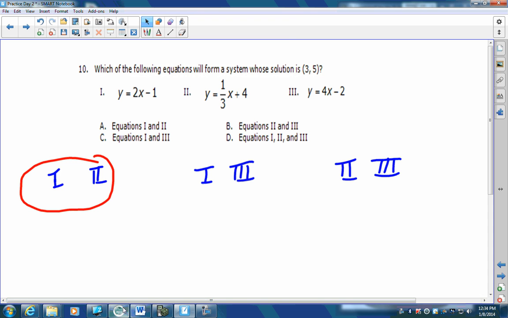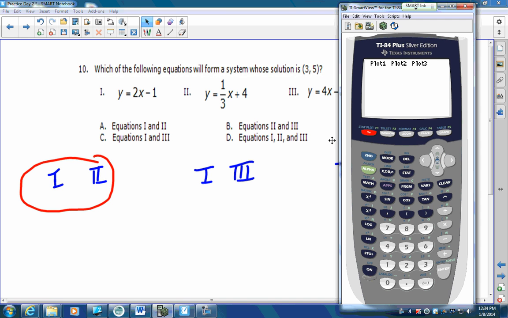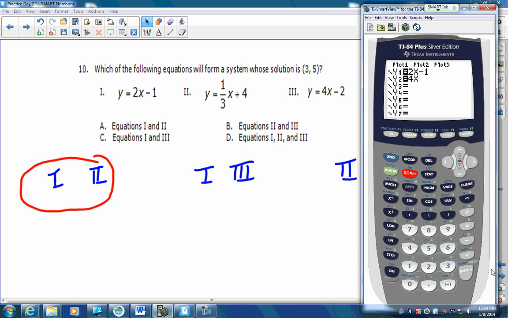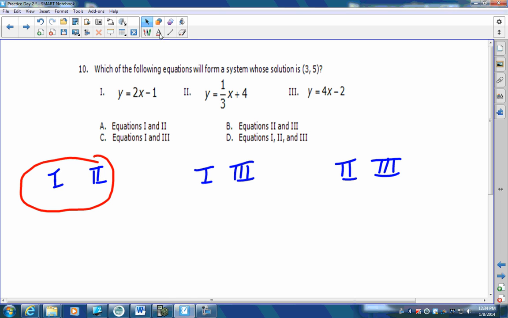Now when I go in here and put in 1 and 3, so get rid of 2, what's 3? 4x minus 2. Second graph. (3, 5) and (3, 10). Nope, that doesn't work. So this one doesn't work. What about 2 and 3?